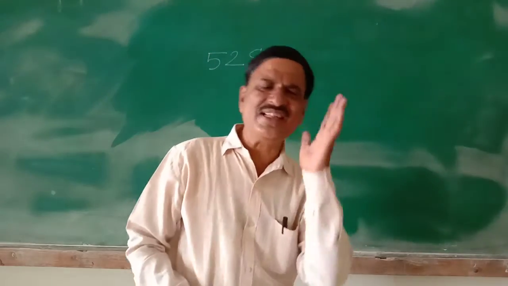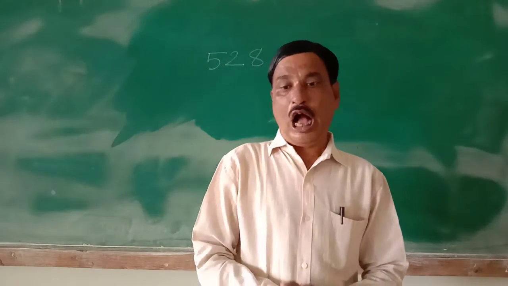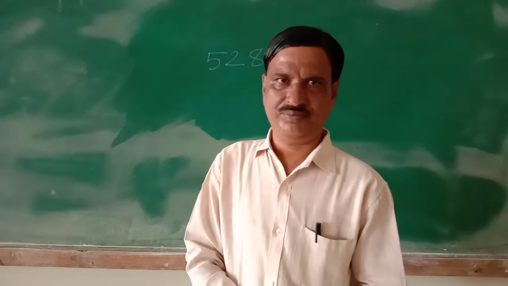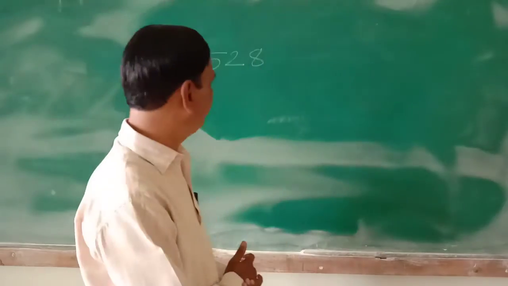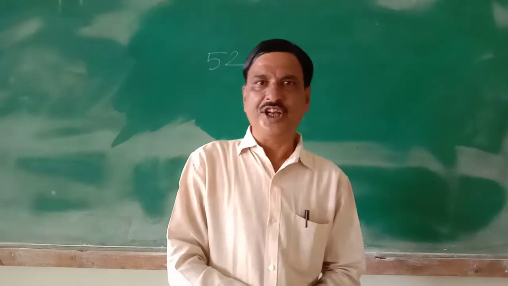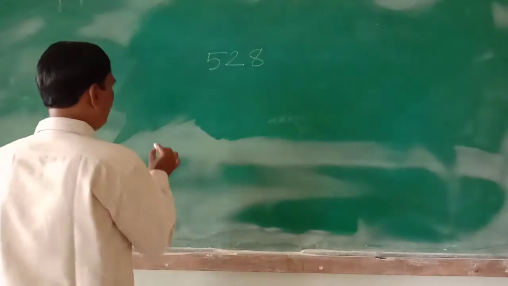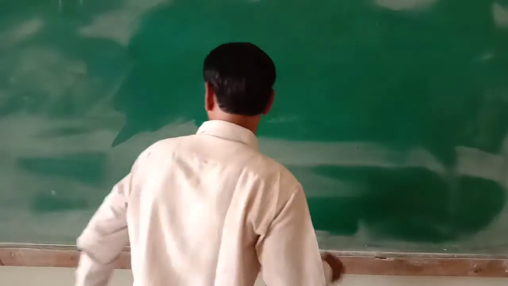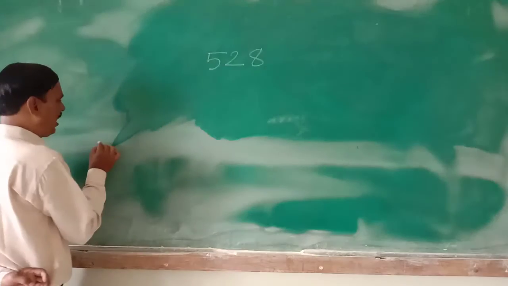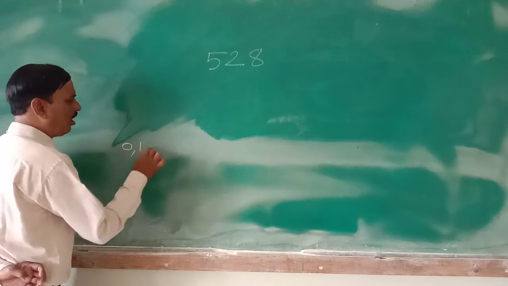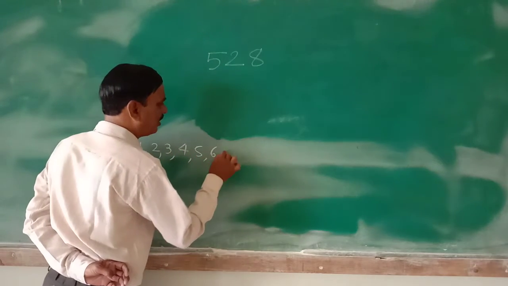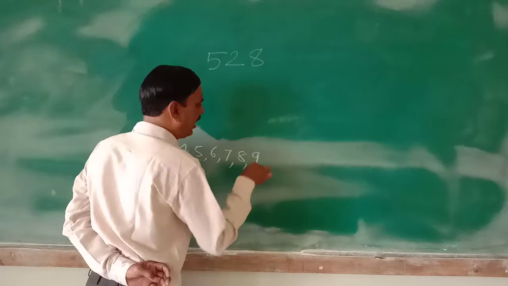So the question arises, how many digits are there in the decimal number system? In the decimal number system, there are 10 digits, we know. What are those? These are 0, 1, 2, 3, 4, 5, 6, 7, 8 and 9.